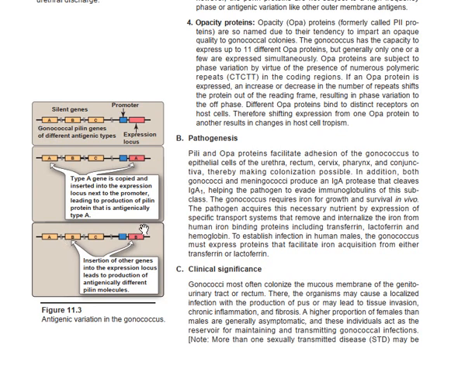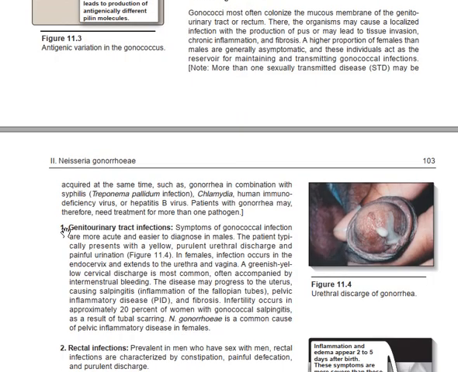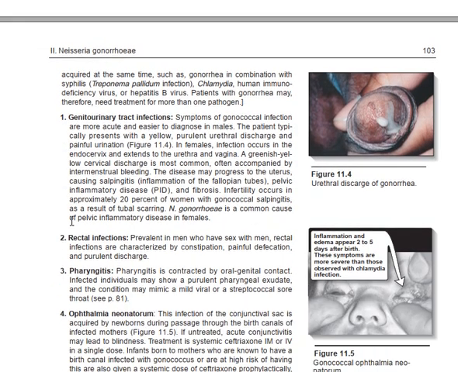Now, if there is an expression locus type B, the promoter is going to result in the transcription of the pilin gene type B. Is it clear? So those are the different antigenic variations of the Gonococcus.